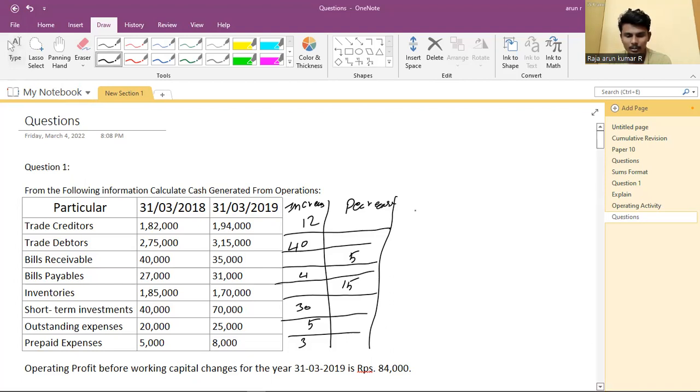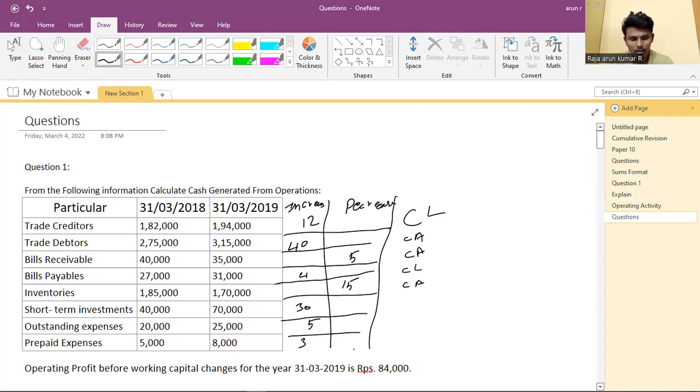This is current liability. Then this is current asset. Bills receivable, current asset. Bills payable, current liability. Inventory, current asset.